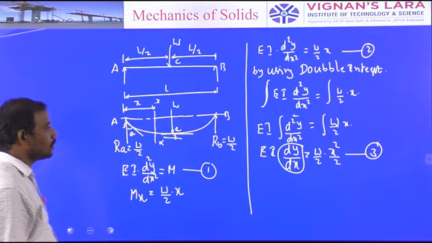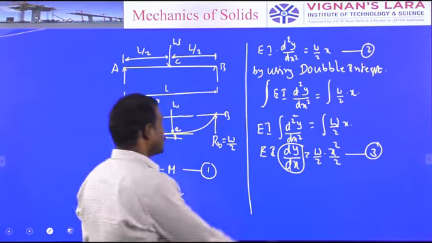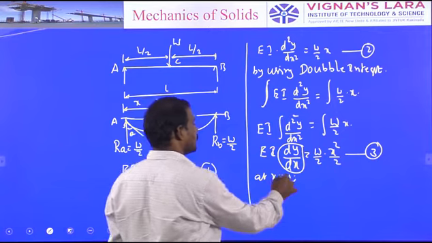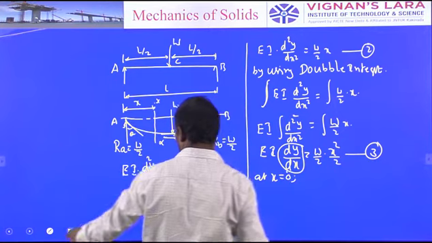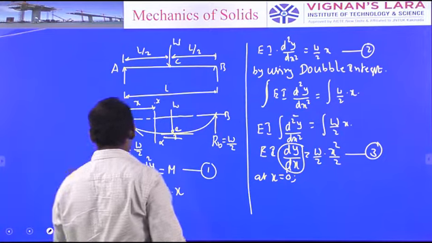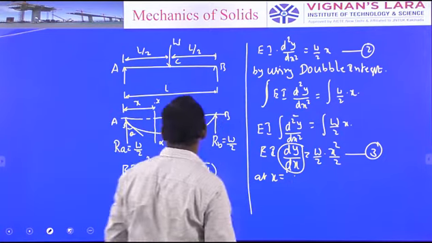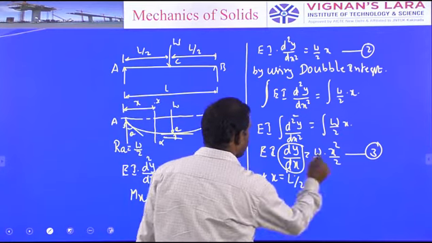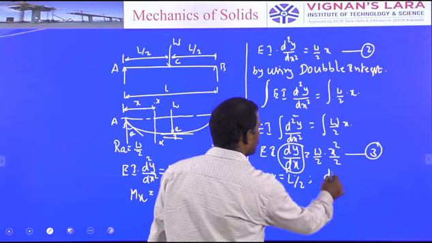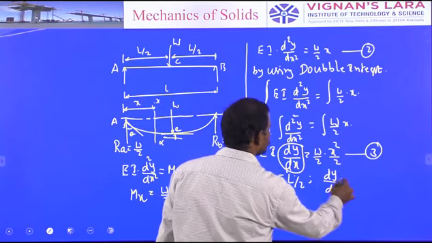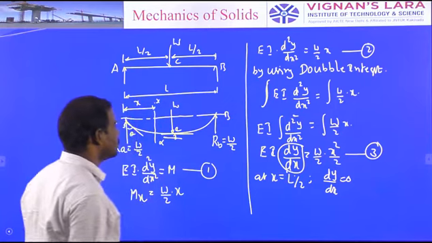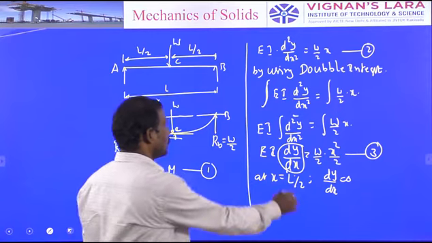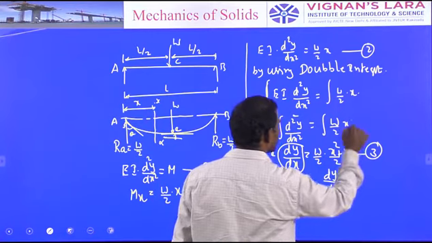It means at x equal to L by 2, the slope dy by dx is 0. Simply substitute dy by dx equal to 0 in equation number 3, where we also have plus C1.